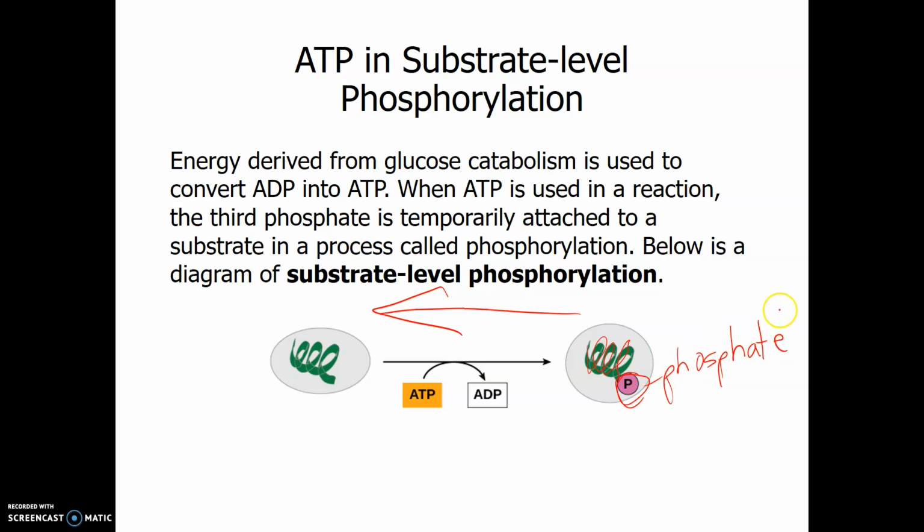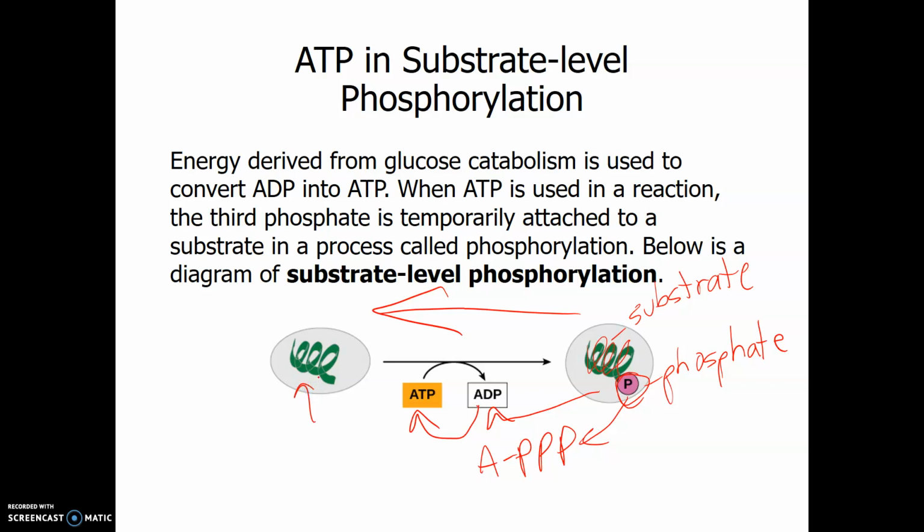So the green chemical is called the substrate, and it contains a phosphate attached to it. So what happens is it donates its phosphate to ADP, and then ADP, which is adenosine diphosphate, gains this phosphate and becomes adenosine triphosphate. So picture this in reverse, and then the substrate has lost its phosphate.